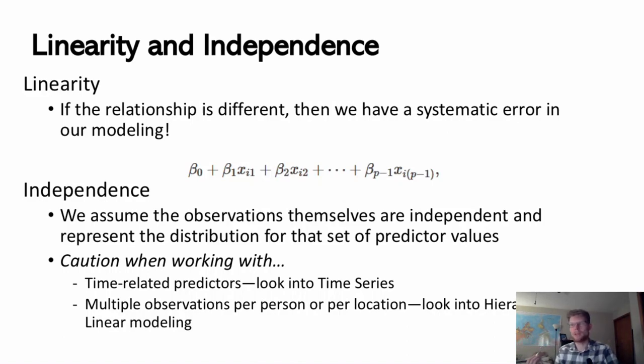But usually when we have a time-related predictor, we're collecting data sequentially such that this observation is going to be dependent on what happened at the previous observation at the previous time point. So when that happens, I really don't have independence in my observations.